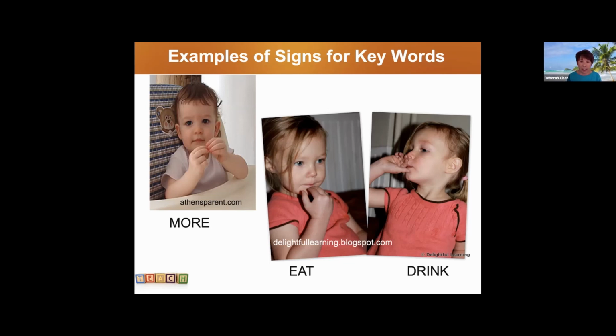The other 2 signs you see here, and of course these are for children who like to eat, so not for children who have NG tubes or children who dislike food or drink. Eat is also an easy sign to make because it touches the mouth. It's iconic.